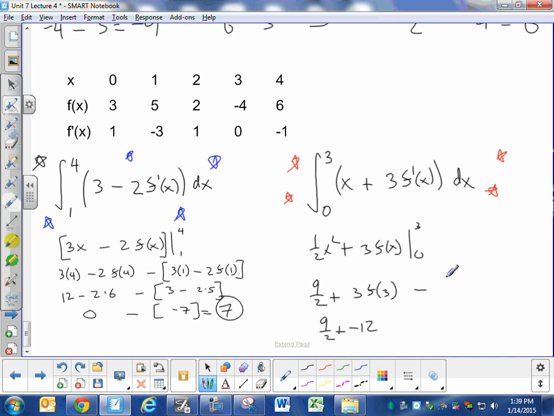Minus, this would be 0 plus 3 times f of 0 is 3. So this would be minus 9. That's minus 21. So that's minus 42 halves, which is minus 33 halves. Yep.